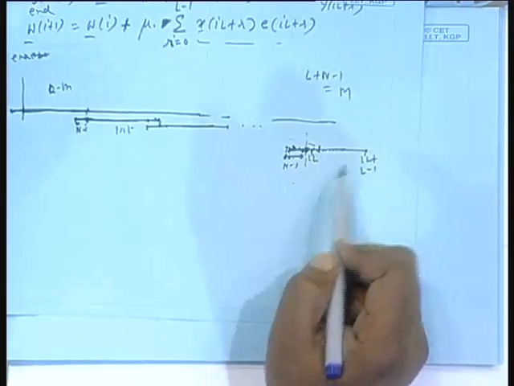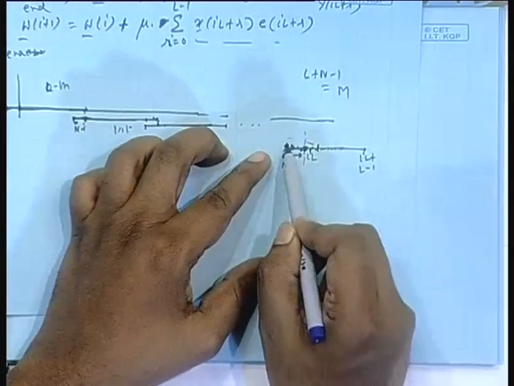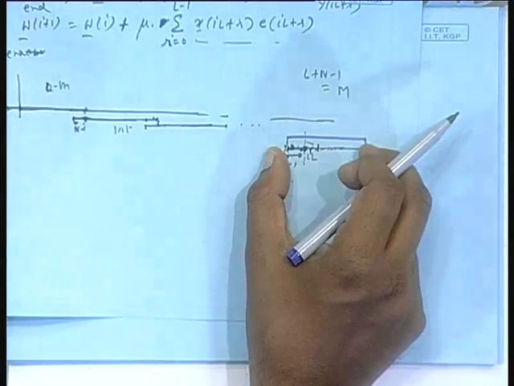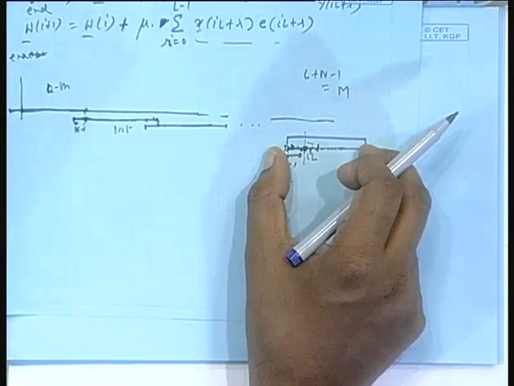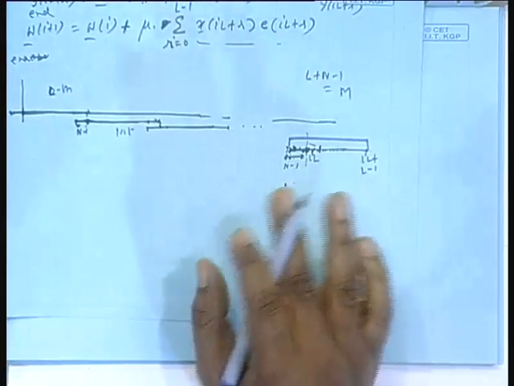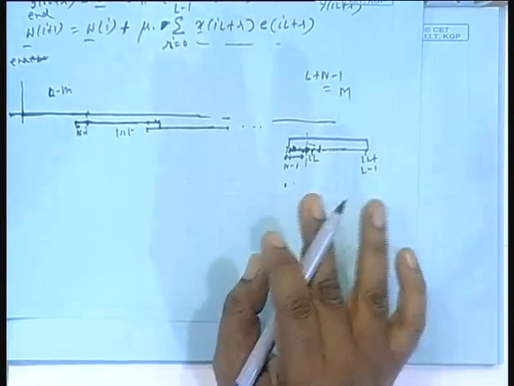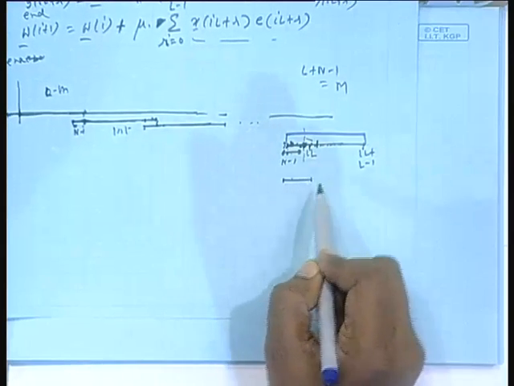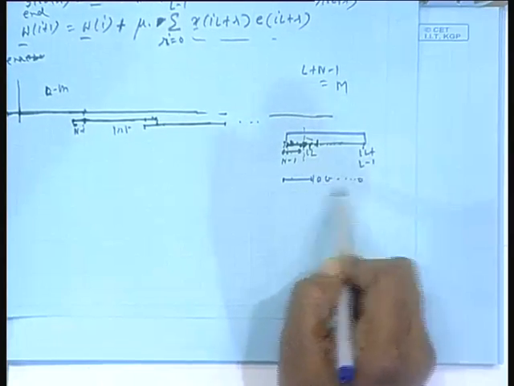For the filtering part, what will you do? For this block, I took the DFT of this. And filter weight, suppose I know the filter weight has been updated, I know the filter weight for this block, ith block, Wi is known. How do we do the convolution? Wi here, and then you have 0, 0, 0, 0, 0, isn't it?